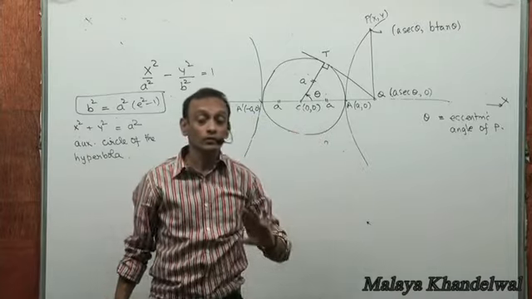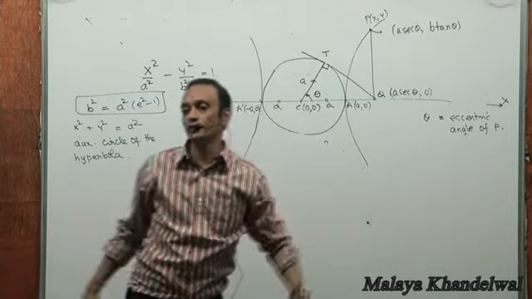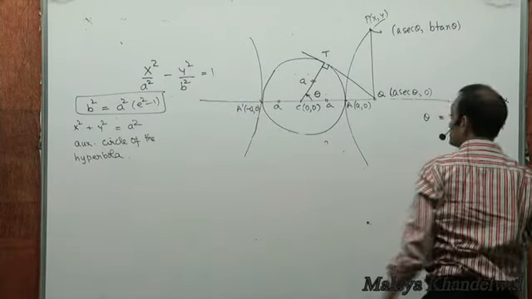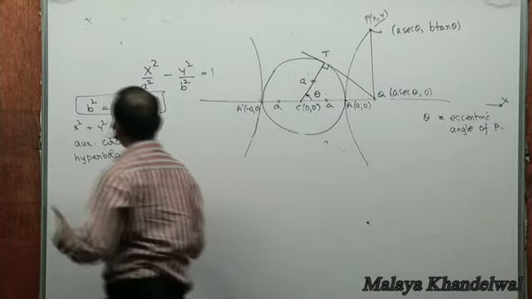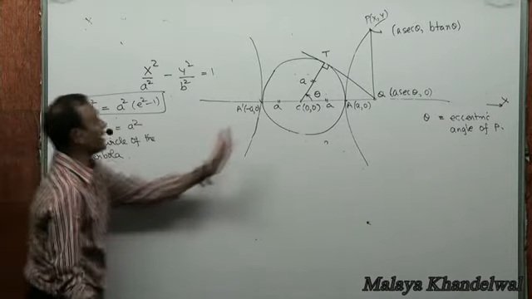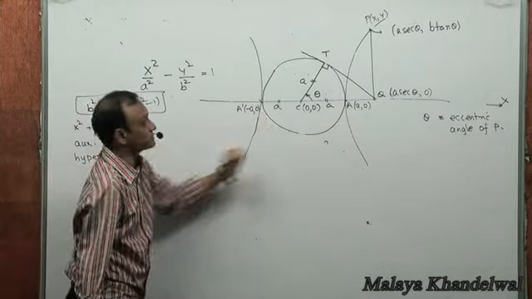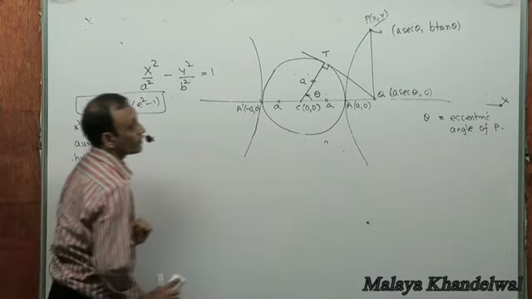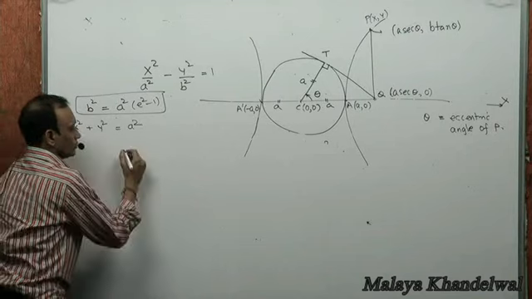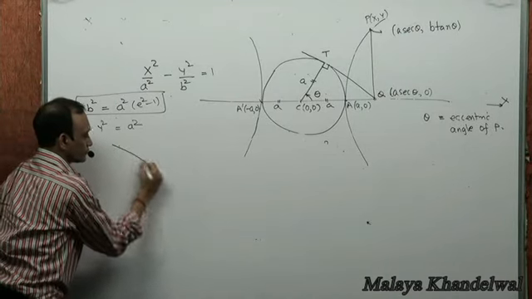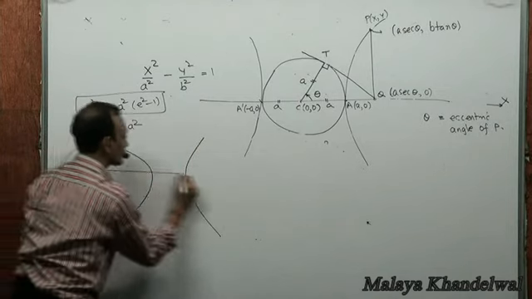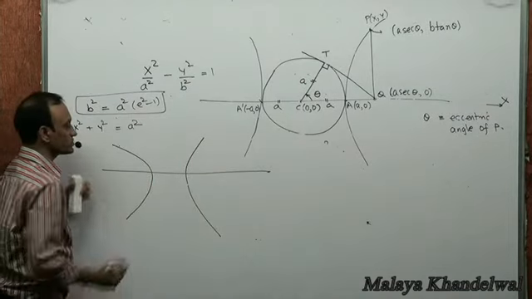Now, there is an important remark here that I want to make. And for some reason, I do not know why, but people choose to be oblivious of this. So this is my auxiliary circle. This is my hyperbola.